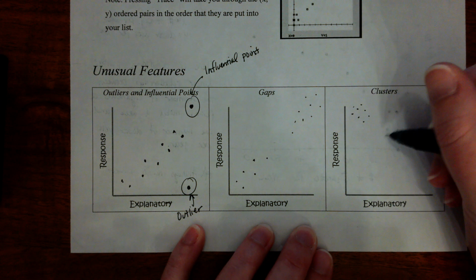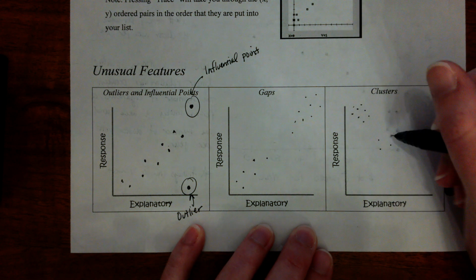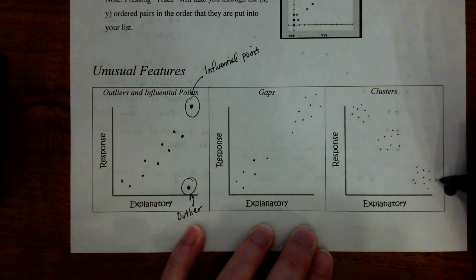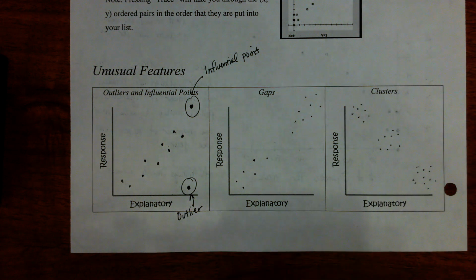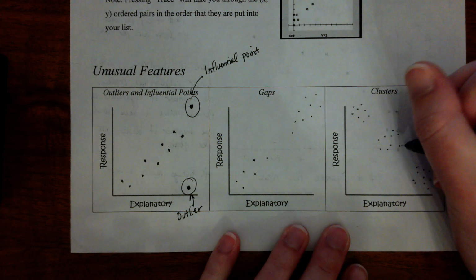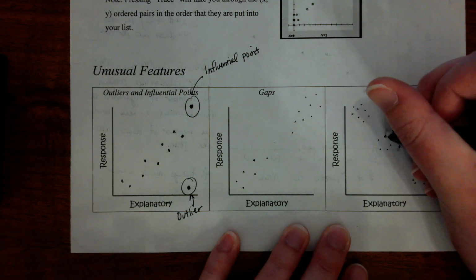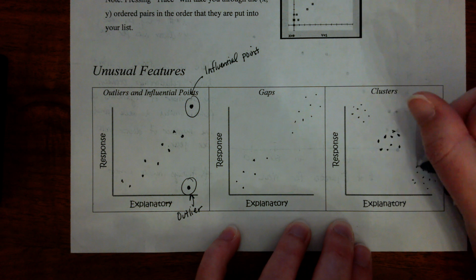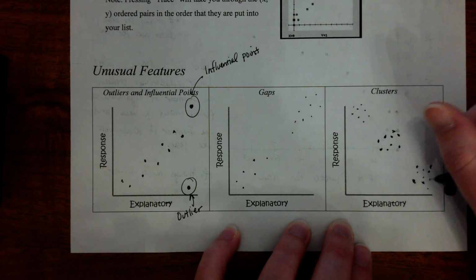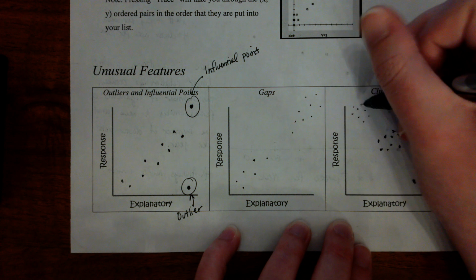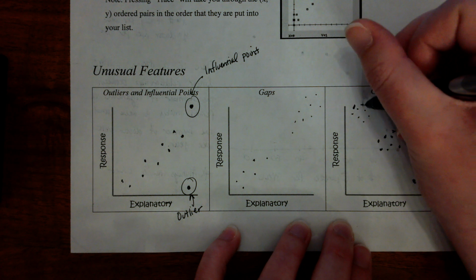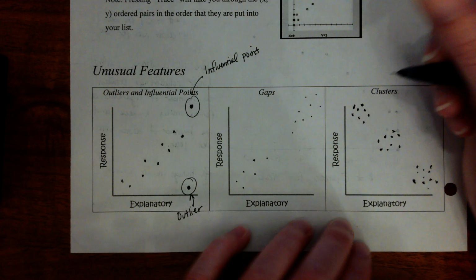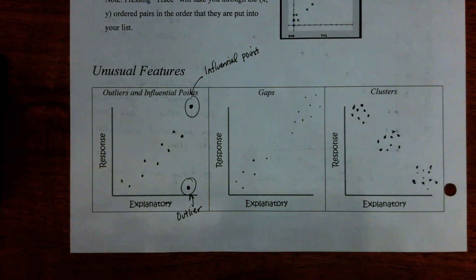So I'm going to look at a negative relationship now. And I have some points right here, and then we have some points over here. So these are just some unusual features that you might see. We got a cluster in the middle. We got a cluster over here. And we have a cluster up here of points. Still scatter plots because they're scattered points.